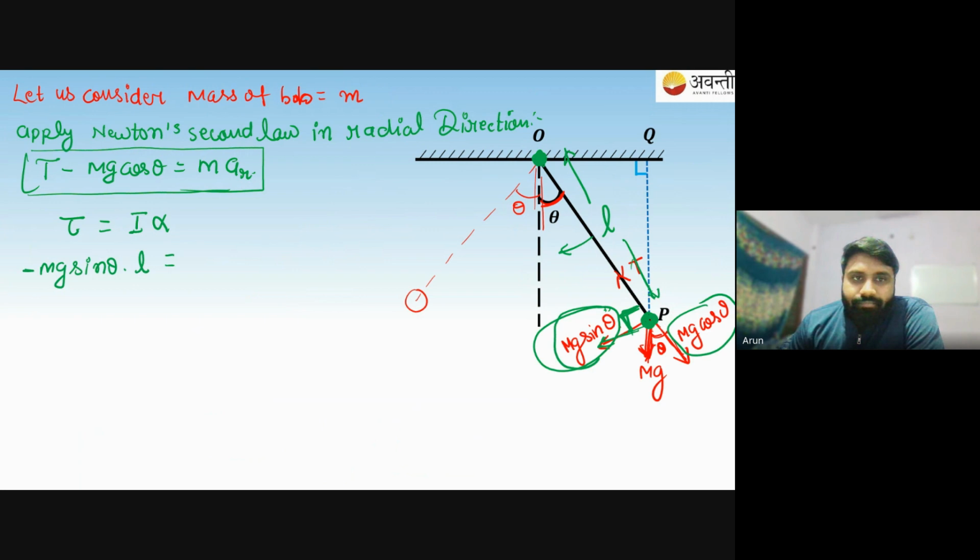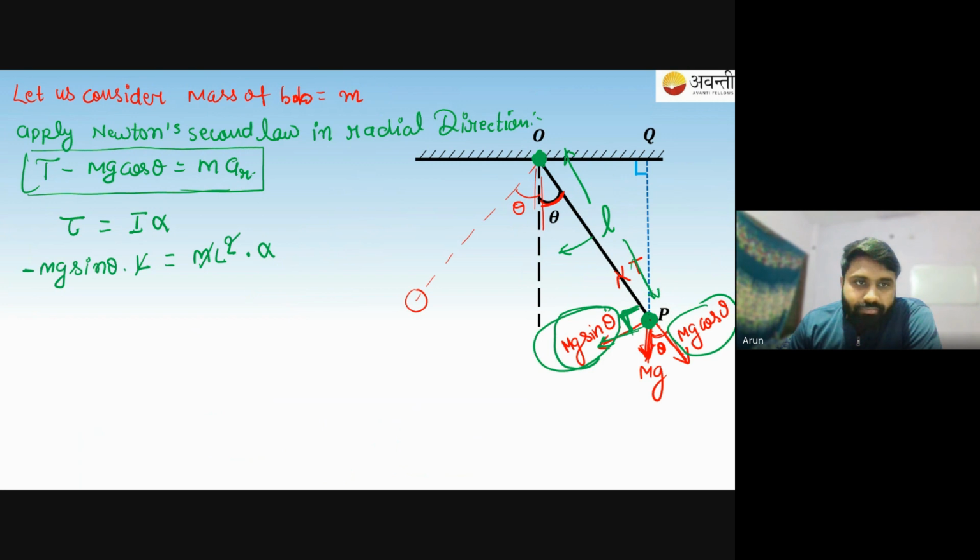Equals to I. I is always taken about this center of rotation. So you can consider it to be a point mass at distance L. So I will be given by mL square, into alpha. This you can also take as capital L. This L and this L will cancel out.